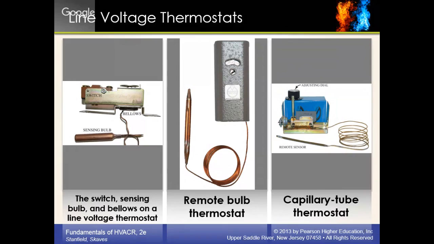And we talked about why we have to have a larger set of connections in a line voltage thermostat than in a low voltage thermostat, just because of the amount of current that we're passing through there. It's going to be a lot greater.